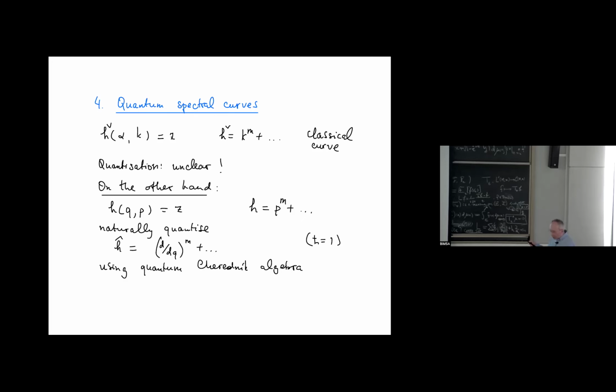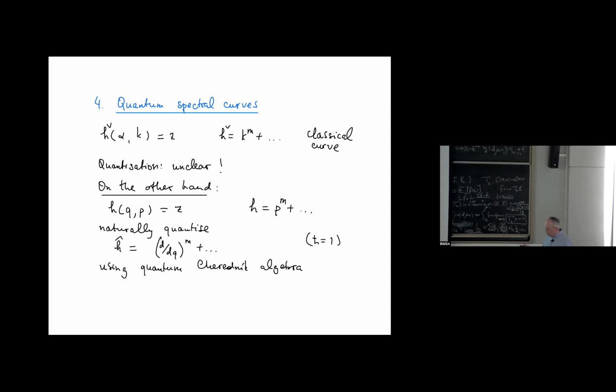Okay, so let me explain how one quantizes this spectral curve. These are algebraic curves, and by quantizing, you expect to get some ordinary differential equation. And there is no general recipe. There are different approaches to quantize curves, and topological recursion, for example, is one approach.